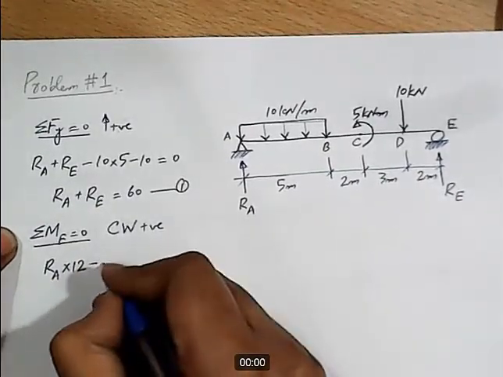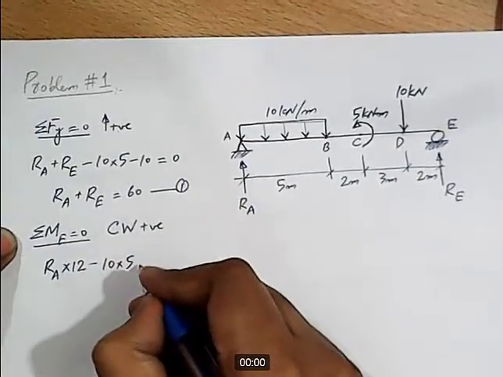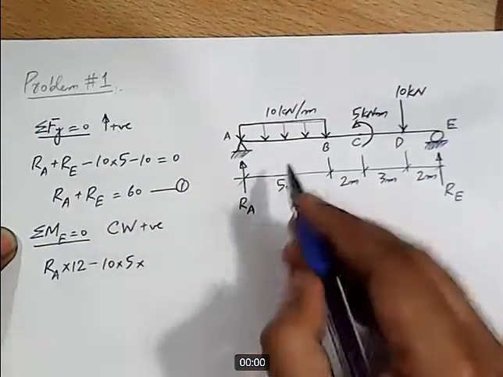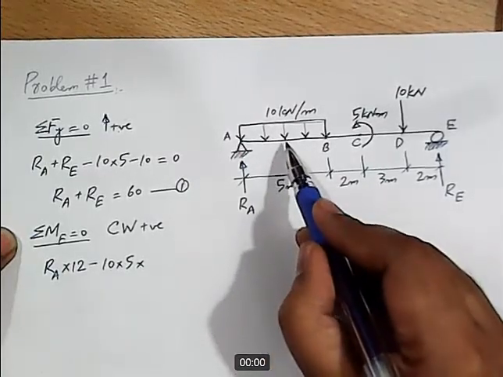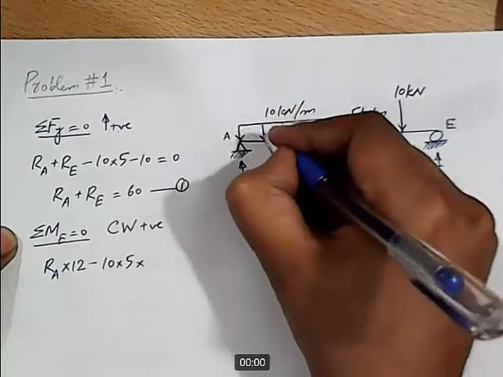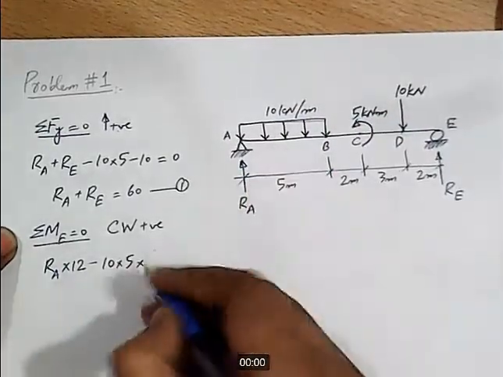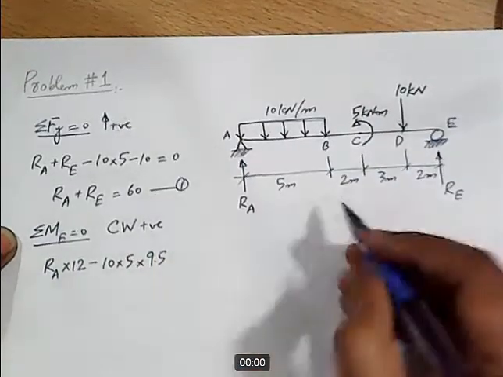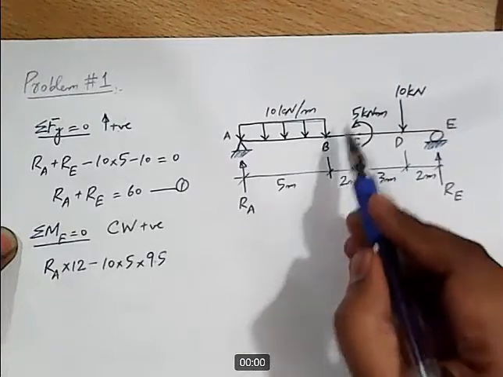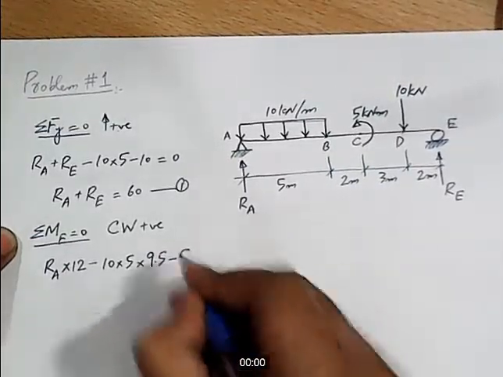The resultant of the UDL is 10 into 5, and the lever arm is 2 plus 3 plus 2 plus 2.5, because the resultant acts at the center of the UDL, so it makes 9.5. Then the moment acting counterclockwise gives minus 5.